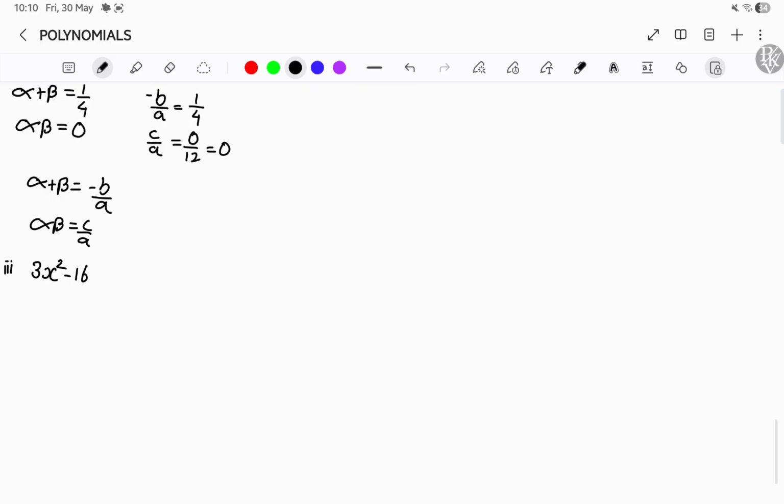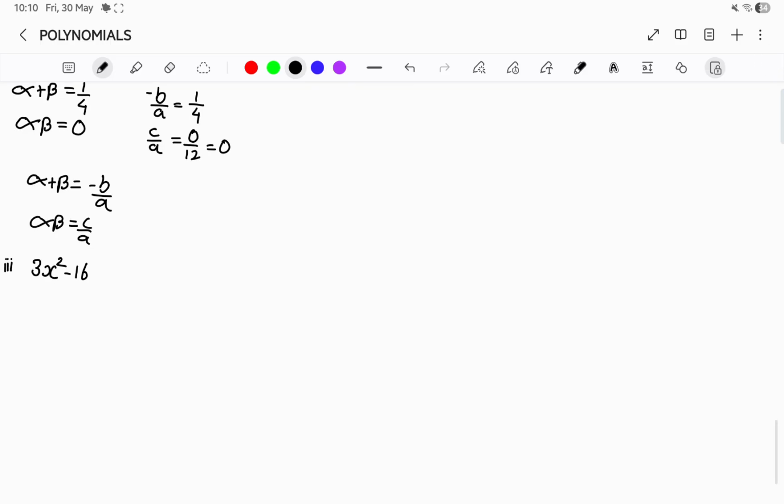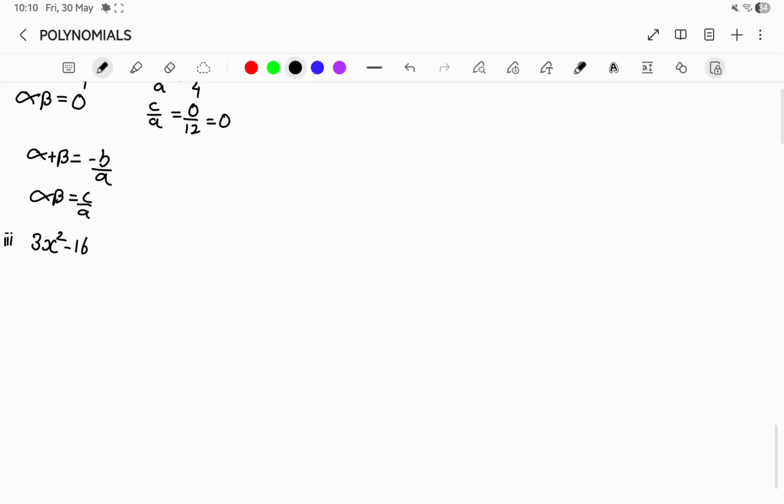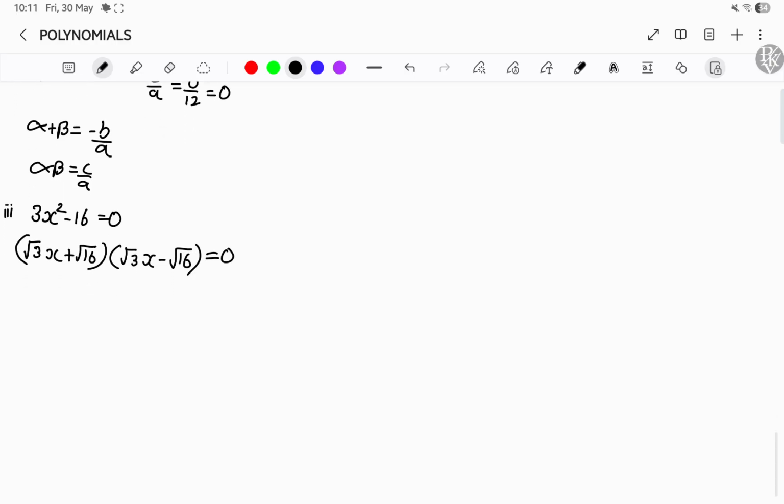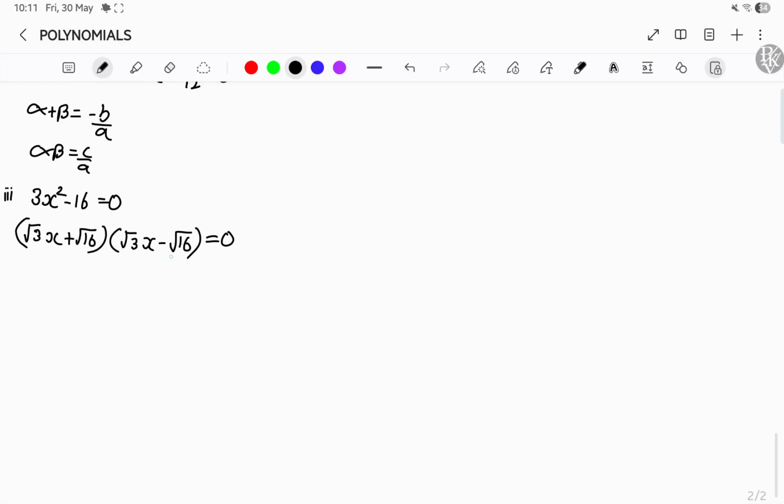So the first thing that you would want to do is write this as root 3x plus root 16 into root 3x minus root 16. Write it like this and then equate them to 0. Don't forget to equate them to 0.